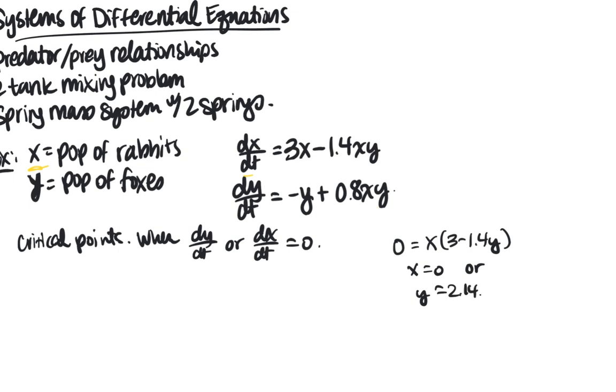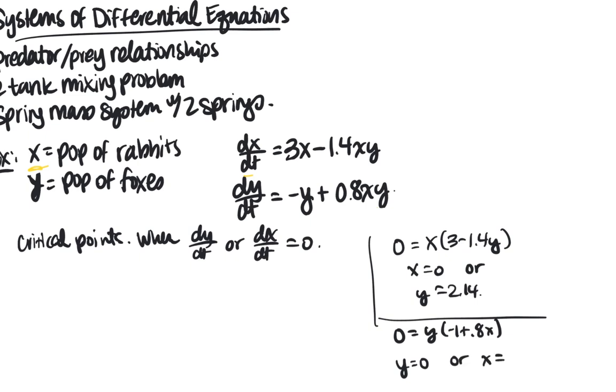Okay, and then if I set the other one equal to 0, I would have 0 equals y times (negative 1 plus 0.8x). And that happens when y is equal to 0 or when x is equal to 1.25.